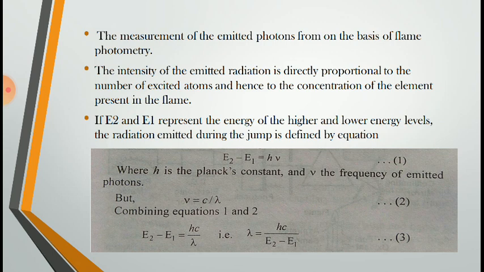When we combine equations 1 and 2, what will we get? E2 minus E1 is equal to hc upon lambda. That is, lambda is equal to hc upon E2 minus E1. This is equation number 3.